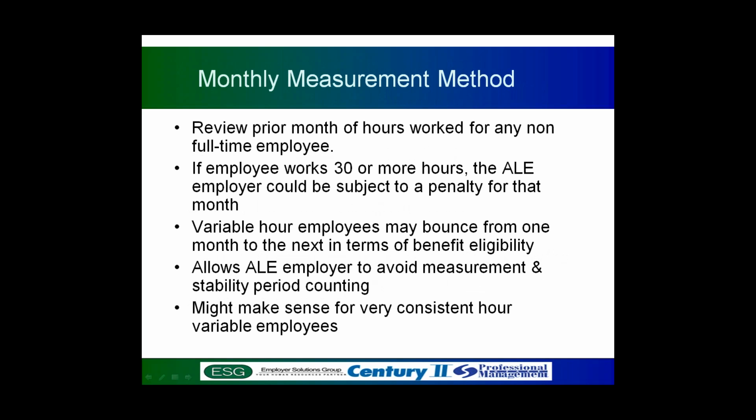If they worked the 30 hours a week, they actually should have been offered benefits, and a penalty would be assessed for that 1 month. And so, again, this only makes sense for employers to use this method with variable hour employees that have a very, very consistent work schedule.